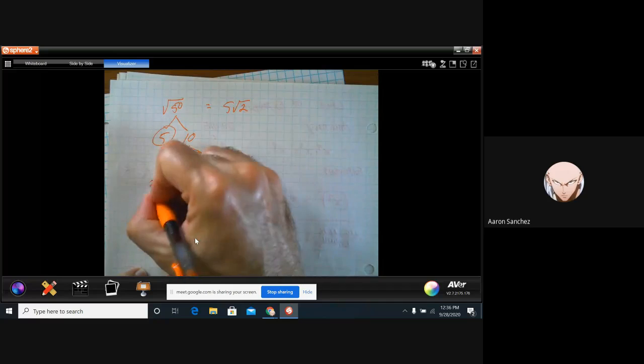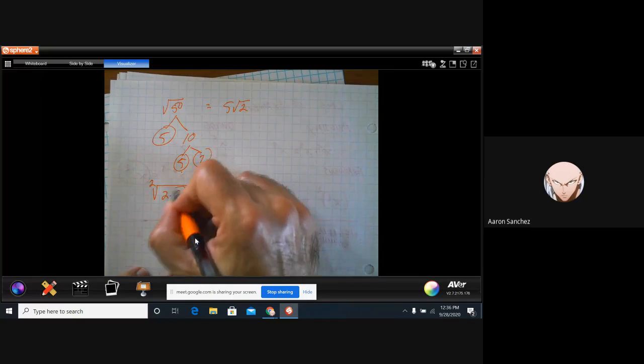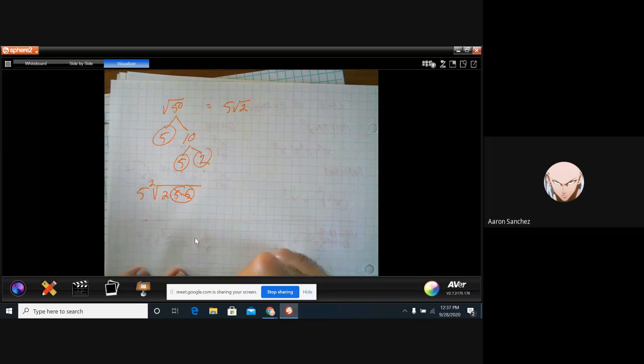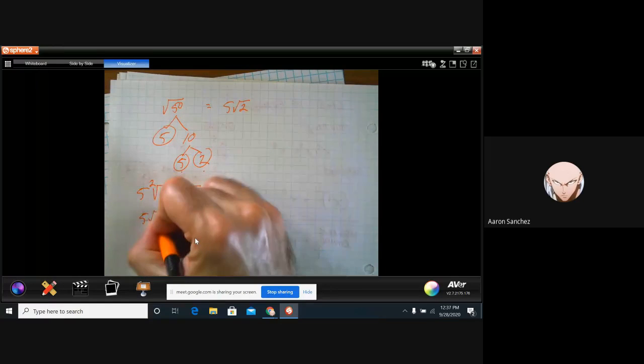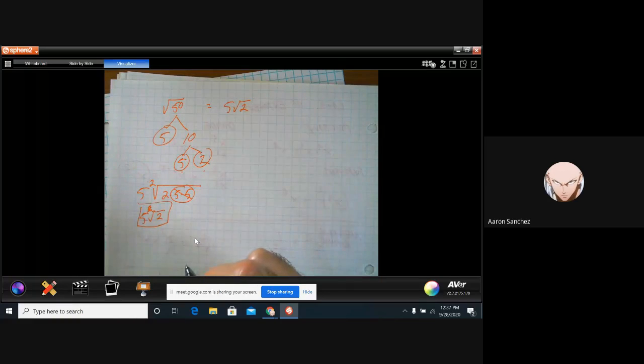Now remember, this is the square root, so I need to find 2 of them. I see the pair here because 5 times 5 is 25. But any pair that you see, the square root of 25 is 5. You can take that out. And our answer is 5 square root 2. And that's how you come up with that.